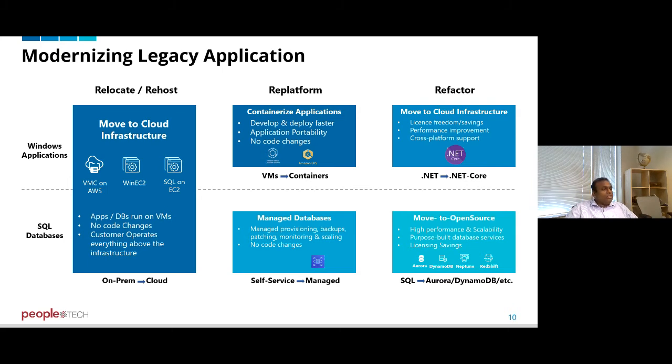So here again, there are no code changes involved. You're simply porting your application to the cloud, and you're removing the dependencies on your underlying core infrastructure. And on the database side, you can always move to a managed database like Amazon RDS for SQL Server. So that's an option that you do have to move your databases to AWS.